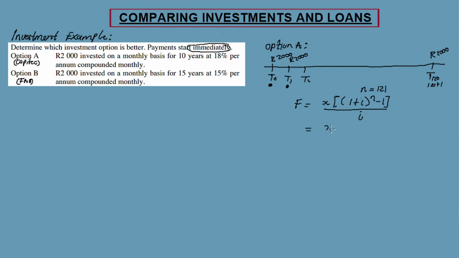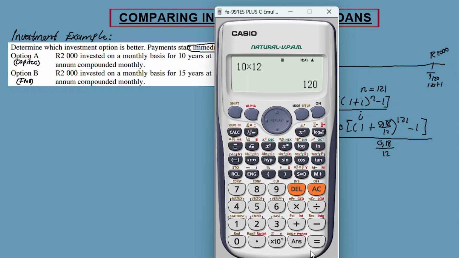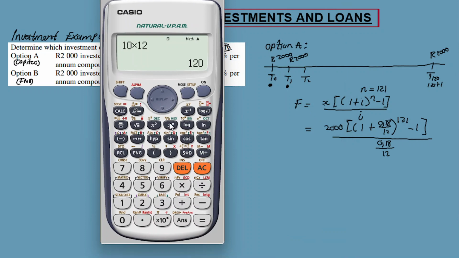So x is 2000, open bracket 1 plus interest, which is 18%, so 0.18 divided by 12 monthly, to the power 121 minus 1, divided by 0.18 over 12. Then we calculate option A.